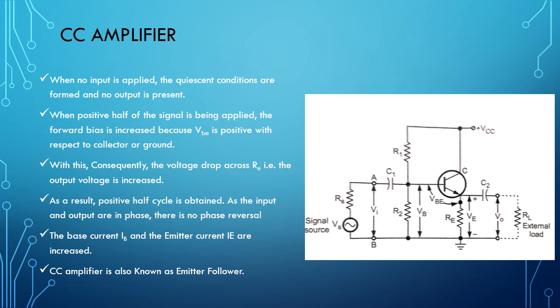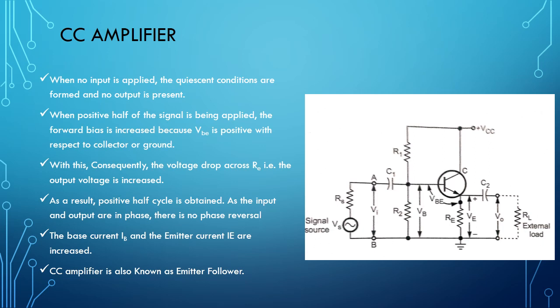We can write that the voltage across the emitter resistor RE is VE equal to VB minus VBE. Considering VBE, the drop between the base and the emitter, is a constant, we say that variations in the base voltage appear at the emitter, and the emitter voltage VE will vary the same as the base voltage VB.